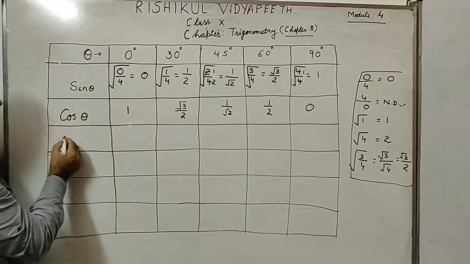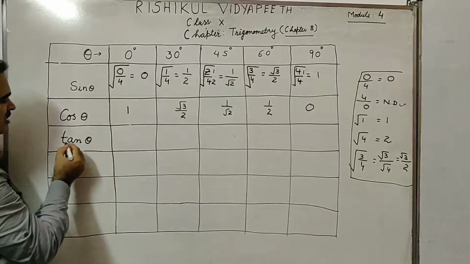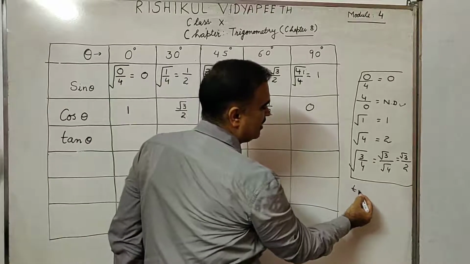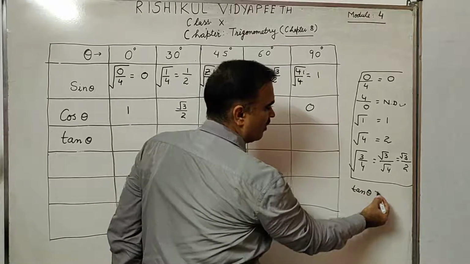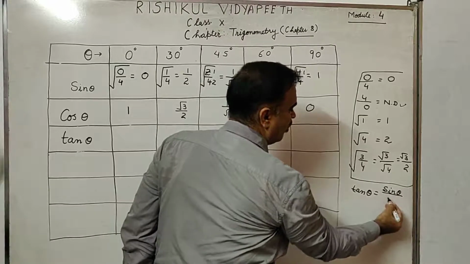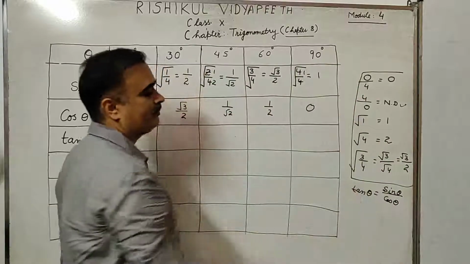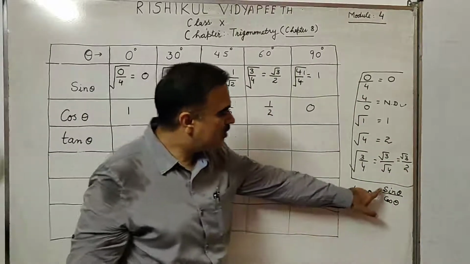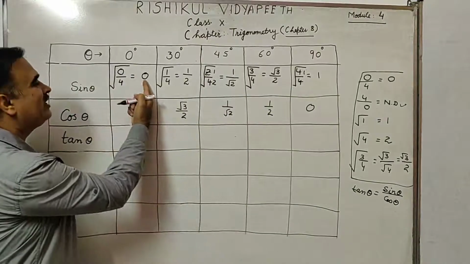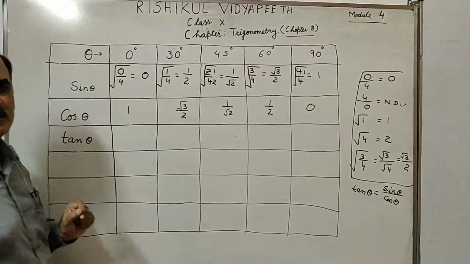We got these two values, and you all know with these two values we are able to find tan theta. Dear students, you know tan theta equals sine theta upon cos theta. I told you in module 3. It means if we divide sine by cos, we will get the value of tan theta.